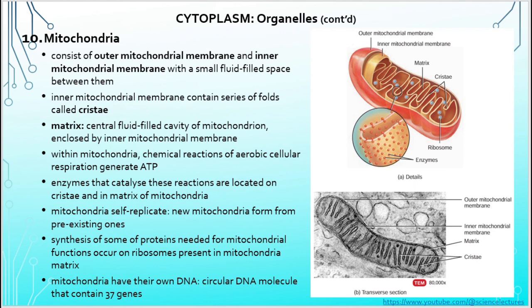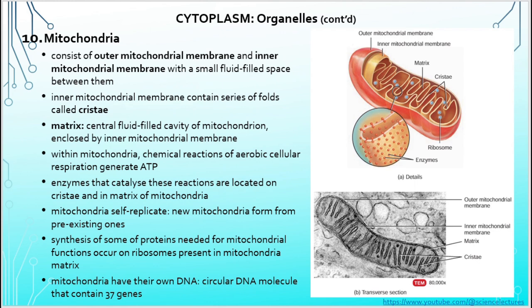Just like peroxisomes, mitochondria self-replicate. This occurs mainly during times of increased cellular activity that demands a lot of energy, or even just before cell replication. Synthesis of some of the proteins needed for mitochondrial functions occurs on the ribosomes that are present in the mitochondrial matrix.